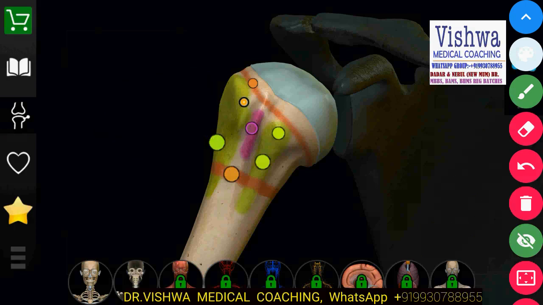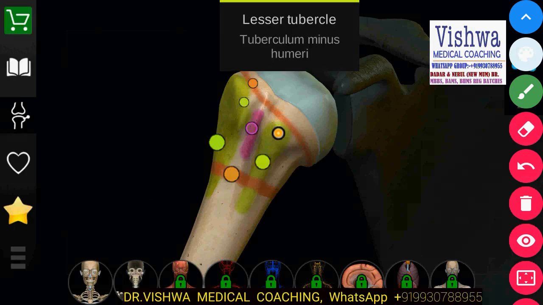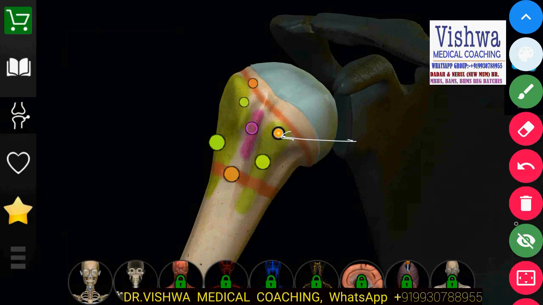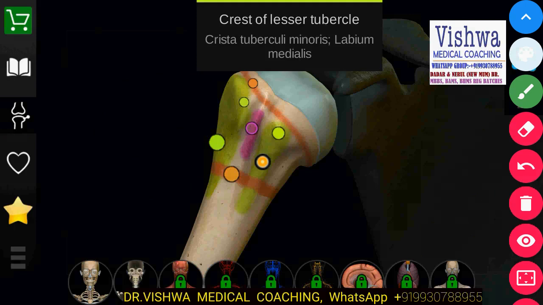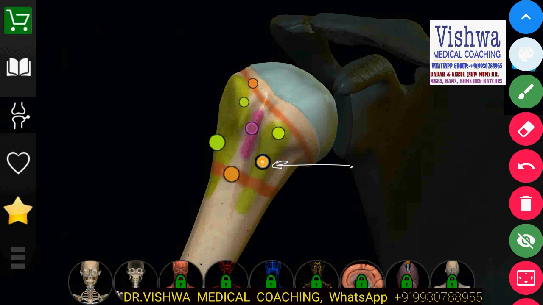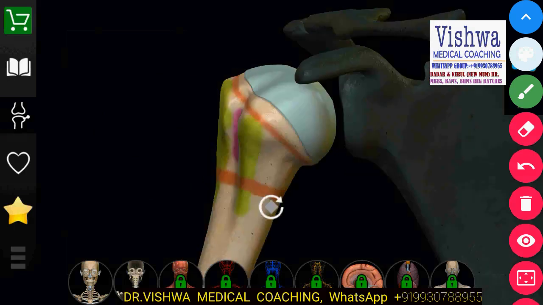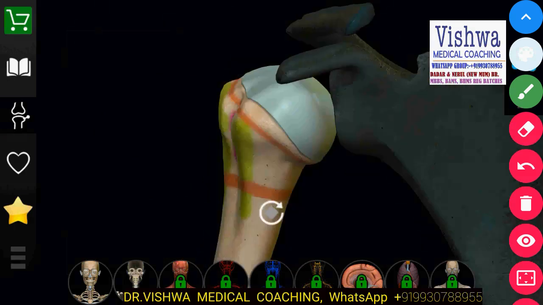Similarly, we also have a lesser tuberosity. If you can see, this is the lesser tubercle or tuberosity, and this one can be the crest of the lesser tubercle. So there are so many points here which we can explain during the exams. And what is this blue portion?